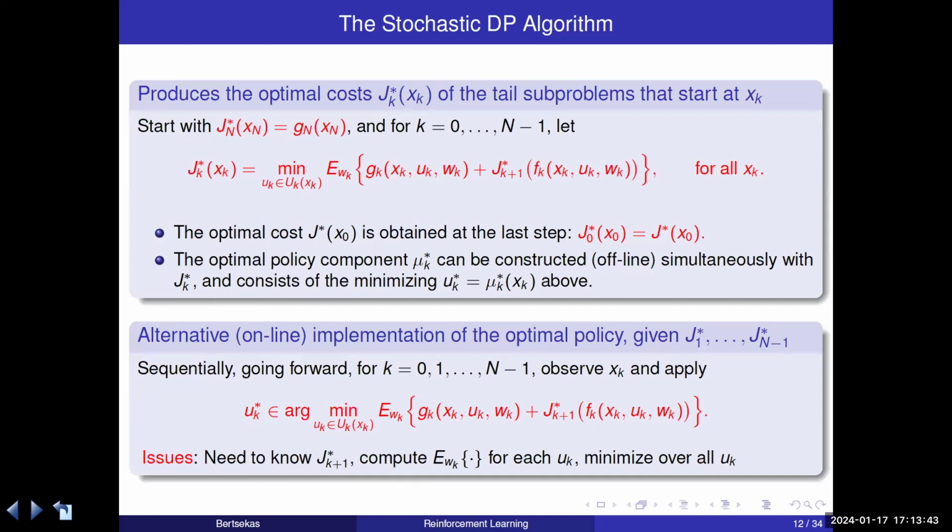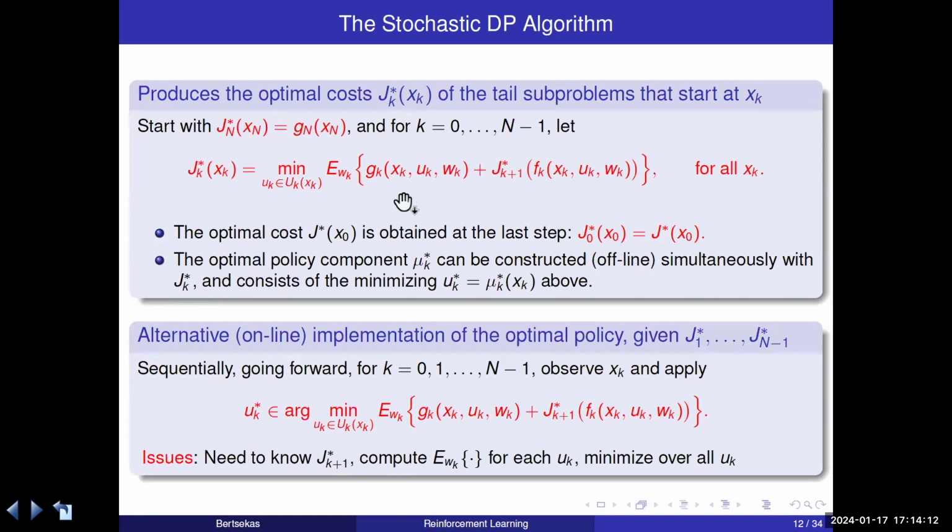And now there are some big issues here. We need to calculate J star. This is a formidable calculation. As was mentioned earlier, in the case where the state space is continuous, it cannot be done unless you're lucky to have a closed form solution. It cannot be done computationally. Even for discrete problems, there may be a very large number of states.